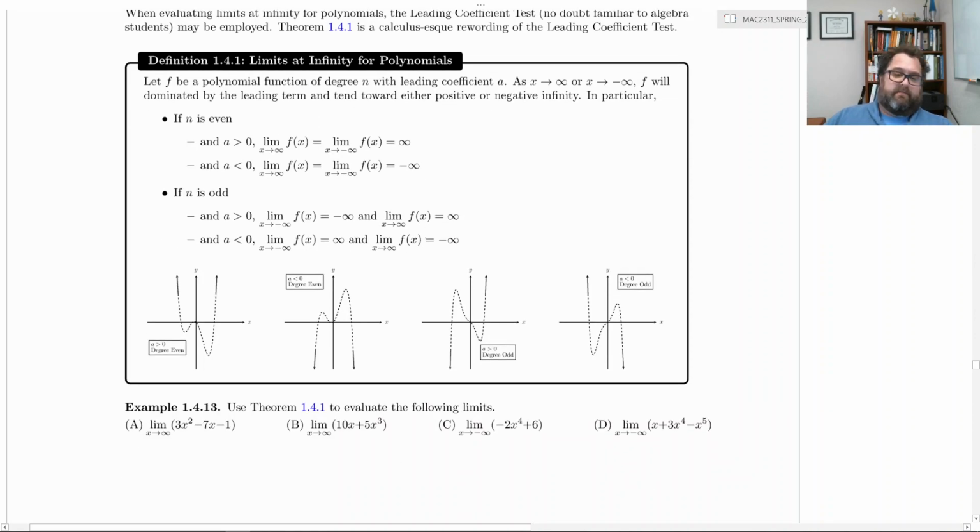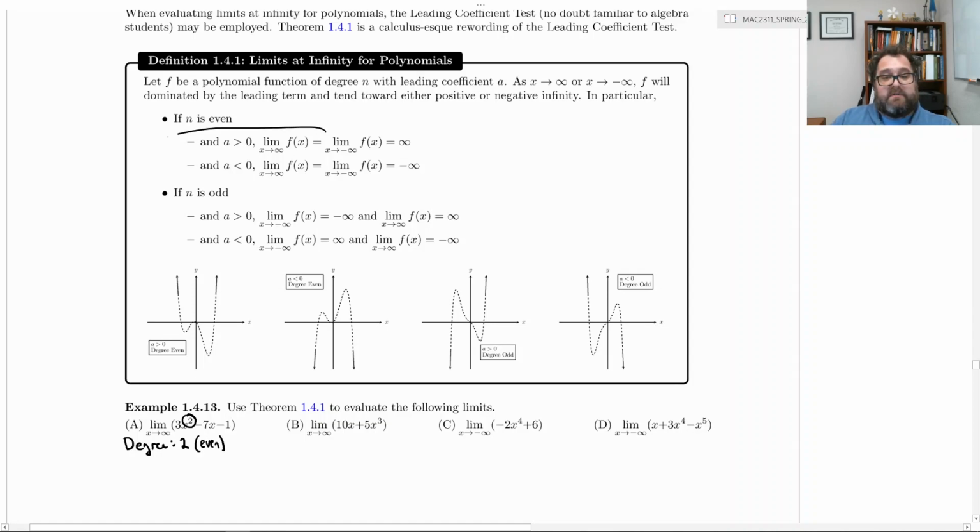For example A, you first need to identify if the degree is even or odd. With A, the highest power of x is 2, so the degree is 2. Like I said, we don't really care that it's 2. We care that it's even. 2 is an even number. So let's just note even.